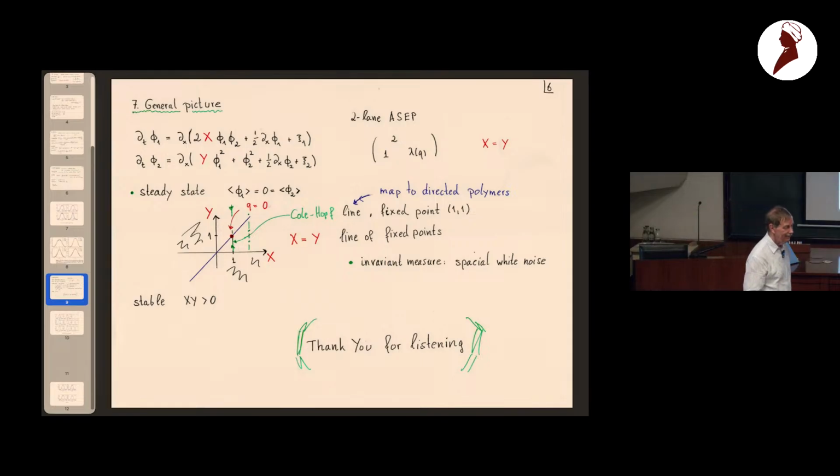Herbert, if you go from 2 lanes to 3 or higher lanes, do you think the universality will still hold? No, you see, on this level, you can have 2 sitting on top of each other.